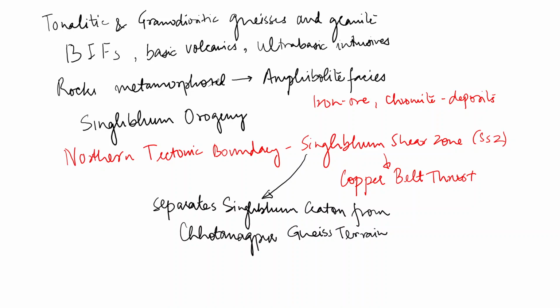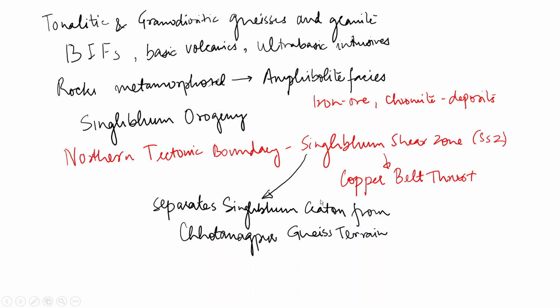Later, the reversal of sense of movement made it a shear zone, which was later called the Singhbhum shear zone, and it became a zone of immense magmatism, metasomatism, and mineralization. This makes the Singhbhum region very important for the ore deposits of India.